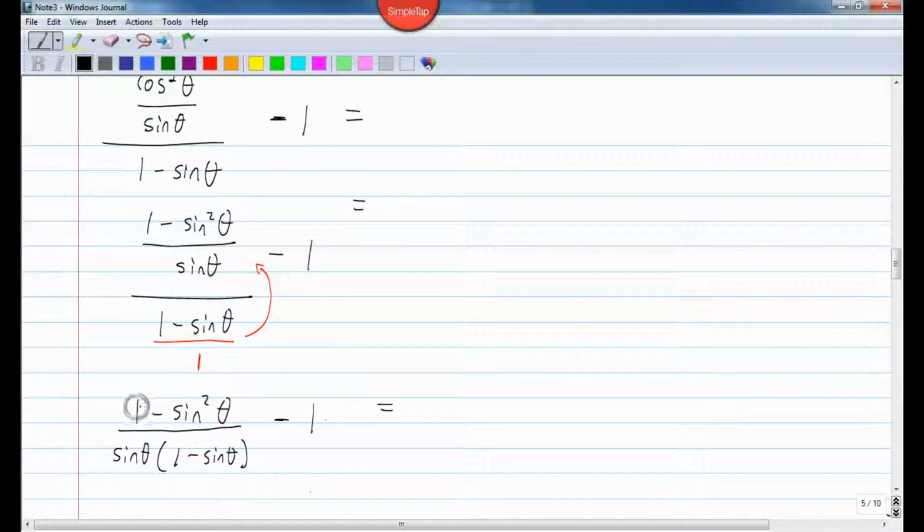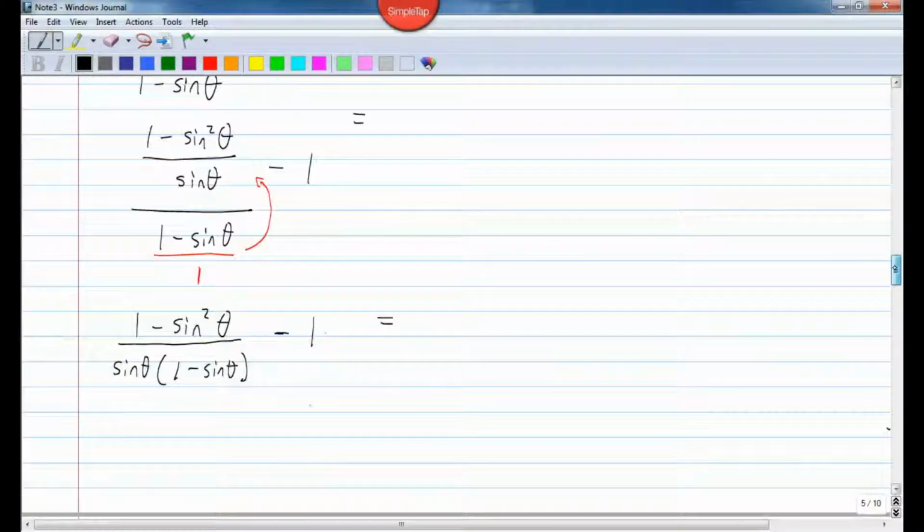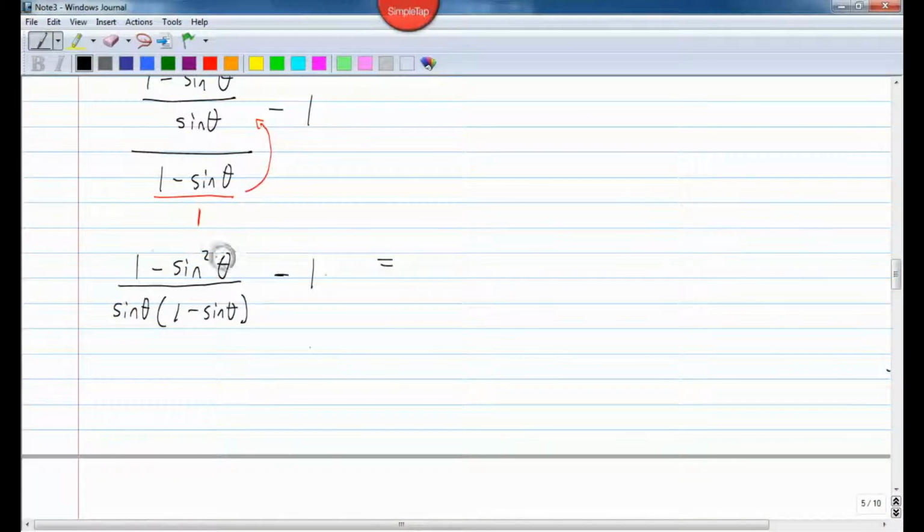However, if I look up here at the top, 1 minus sine squared theta, that is the difference of two squares. So what does that mean to me? That tells me that this numerator here will factor. I can factor that as 1 minus sine times 1 plus sine.